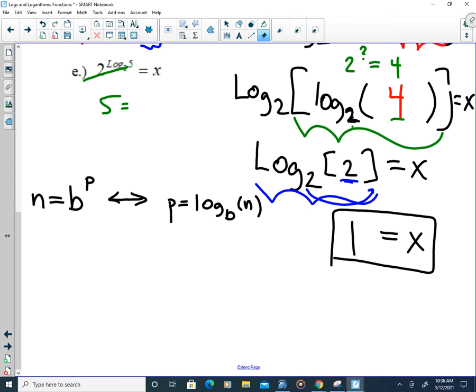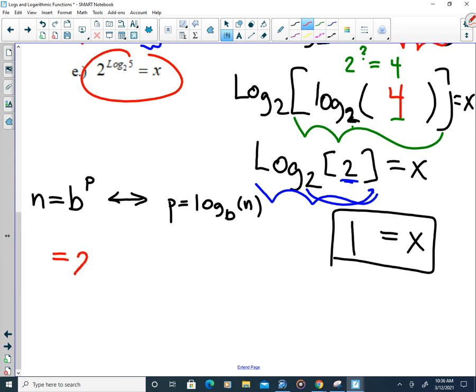So, if we look at this equation up here, it's written as an exponential equation that has a log in it. So I've got a power here. I can think of 2 as my b. My exponent, my p, is log base 2 of 5. That's my p. And my n is x.